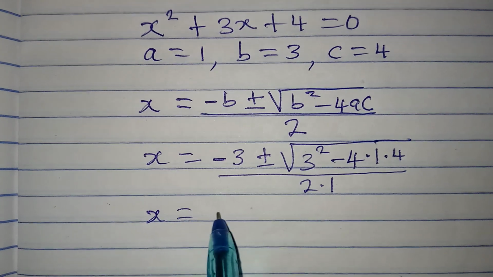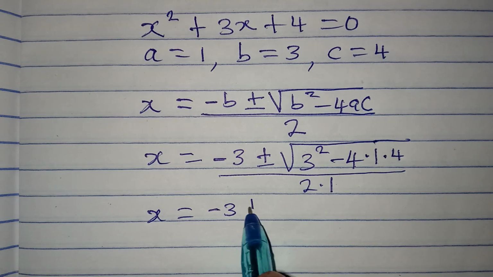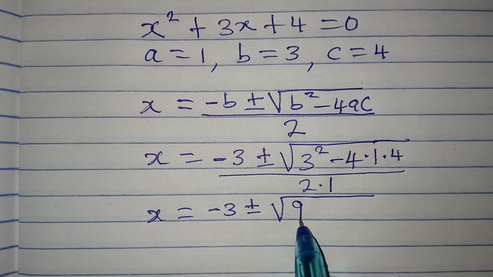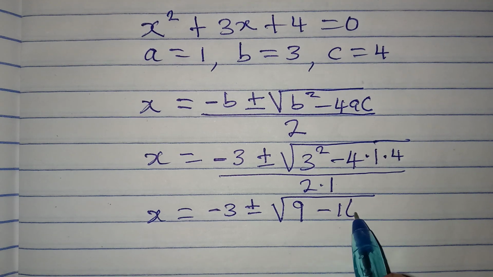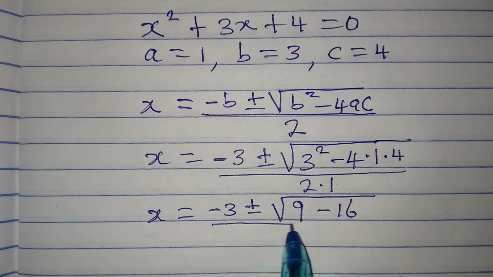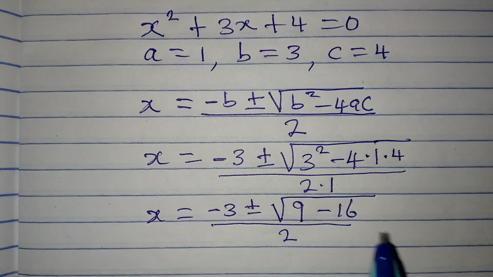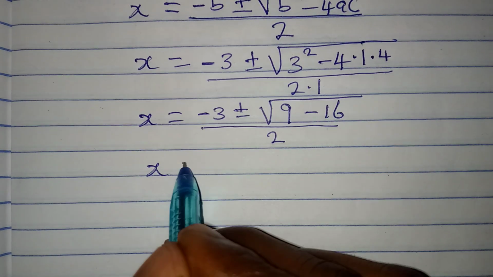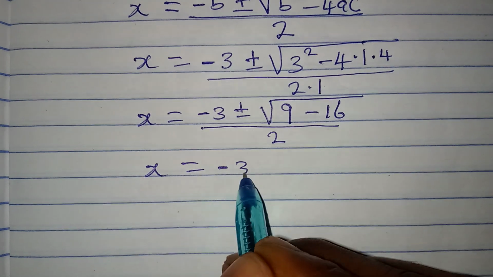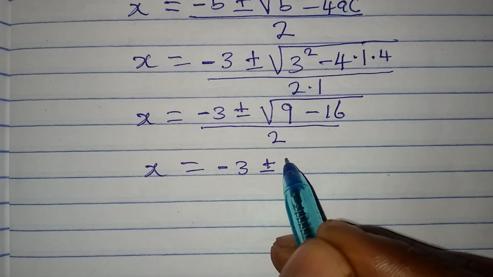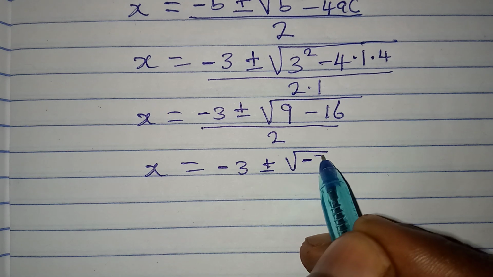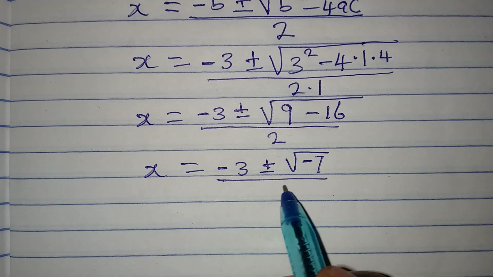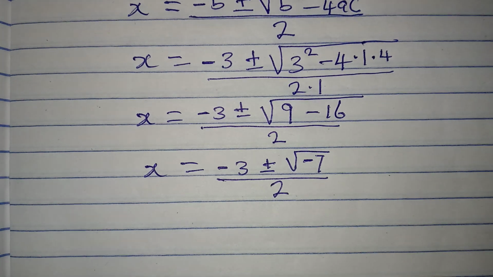Now x is equal to minus 3, positive or negative. Then we have 3 squared, which is 9, minus 16. This is divided by 2. So that if we continue from here, we have x to be equal to minus 3, positive or negative, square root of negative 7. That is 9 minus 16. And the whole of this is divided by 2.